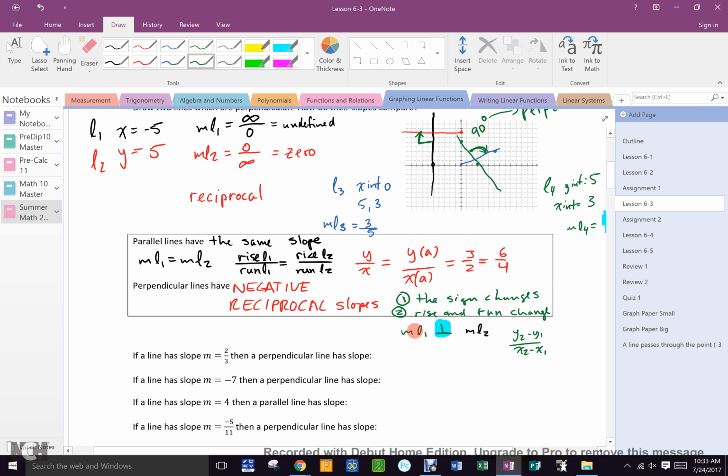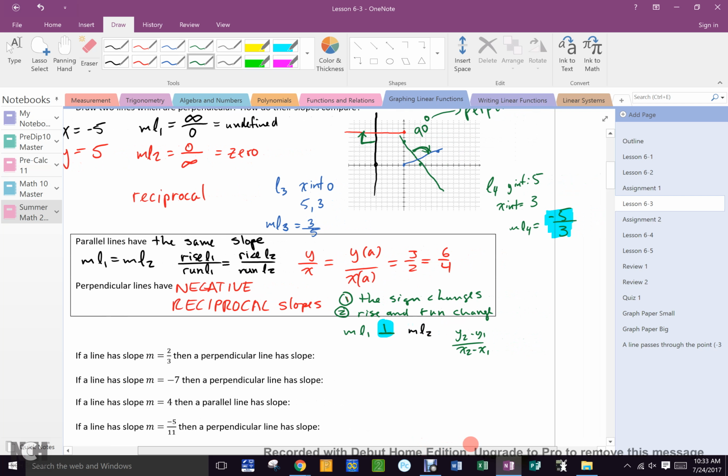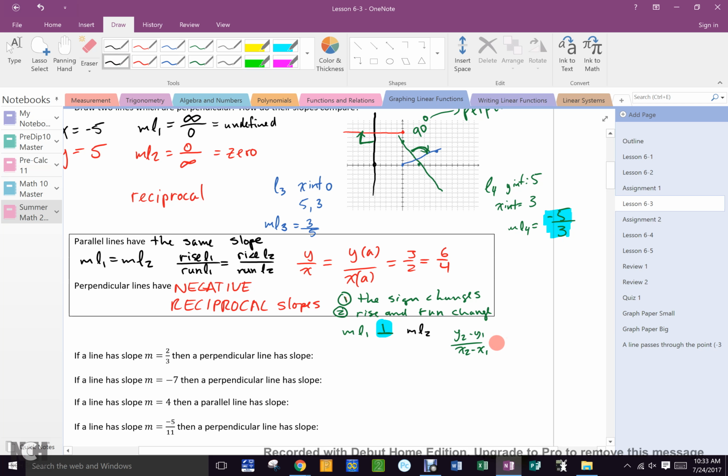That's how I would find line 1 slope in green, yes? So the perpendicular line, which is line 2, would be, I changed the sign. This has a positive, yes? So what would this guy's sign be? Negative, not equals, perpendicular. This side would be negative, and where would the x be?